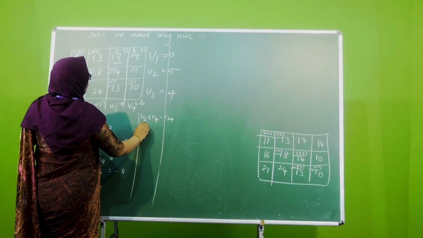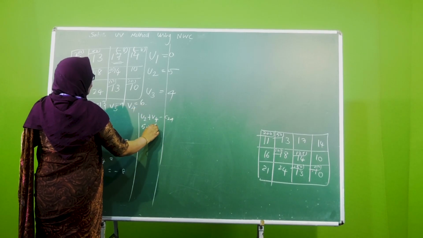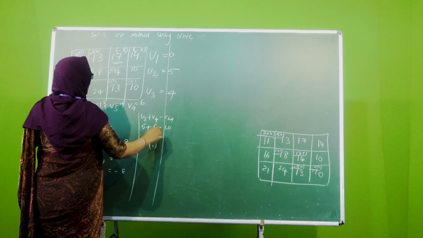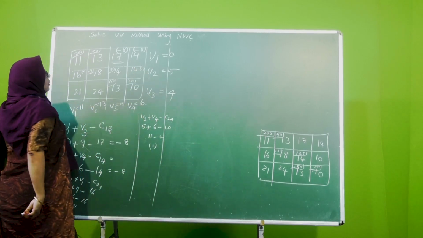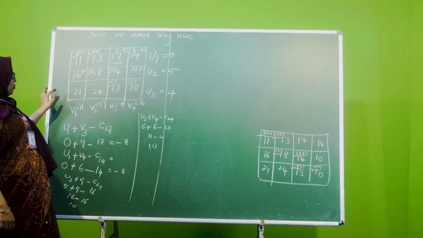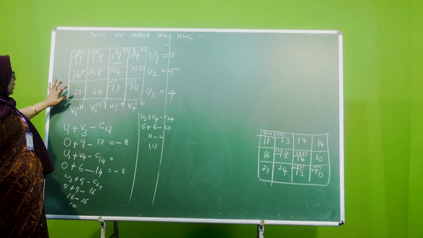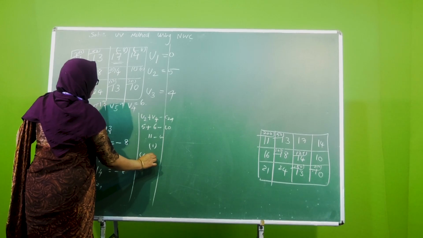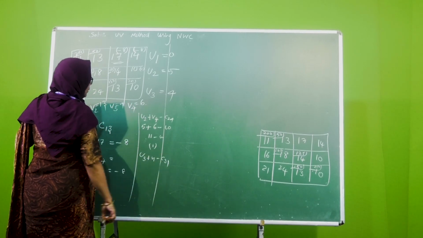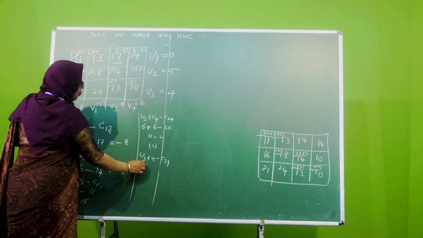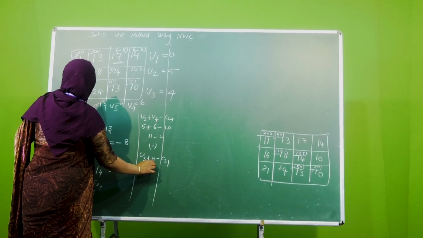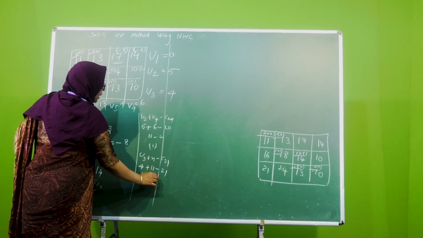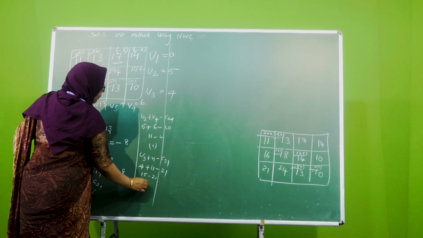U2 5, V4 6 minus 10. That is 11 minus 10 is 1. Okay. Next, this value. U3 plus V1 minus C31. U3 is 4, V1 is 11 minus 21. That is 15 minus 21 is minus 6.